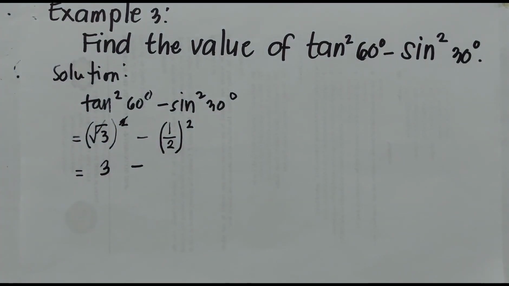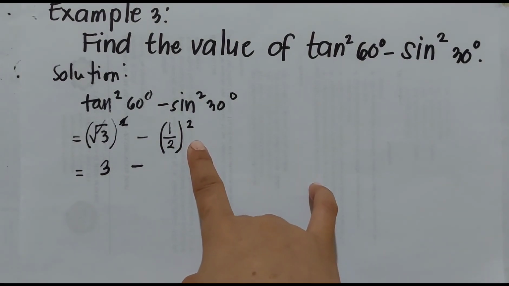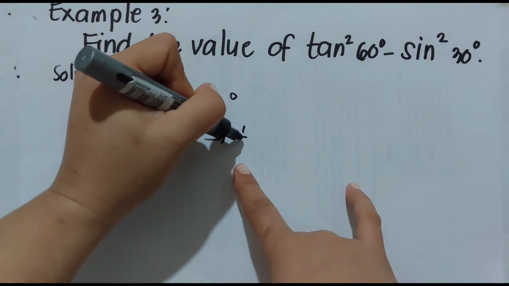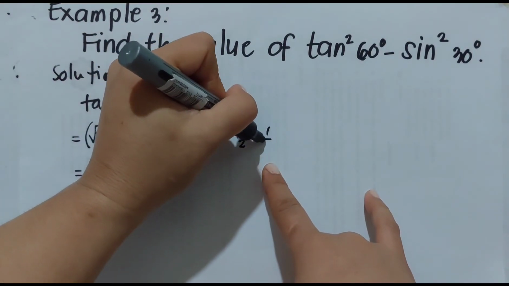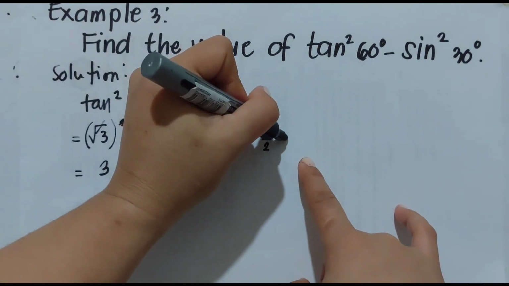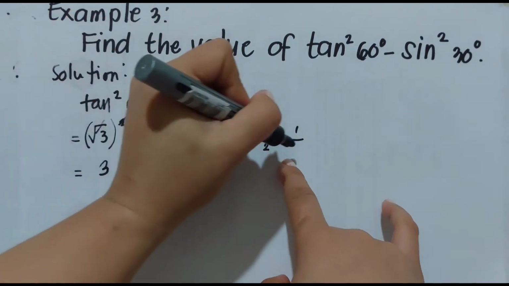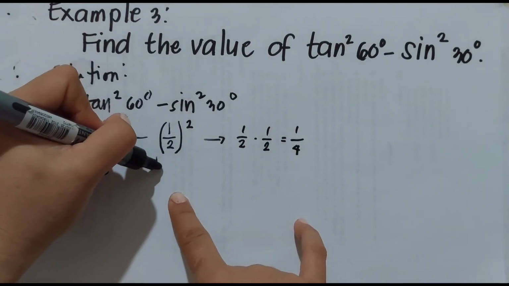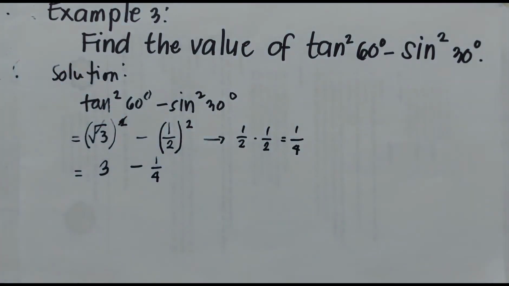What about 1/2 times 1/2? Pila? Sige, nalimot na. 1/2 times 1/2. Meaning, 1 times 1, 2 times 2. So, meaning to say, that is 1/4. Okay.